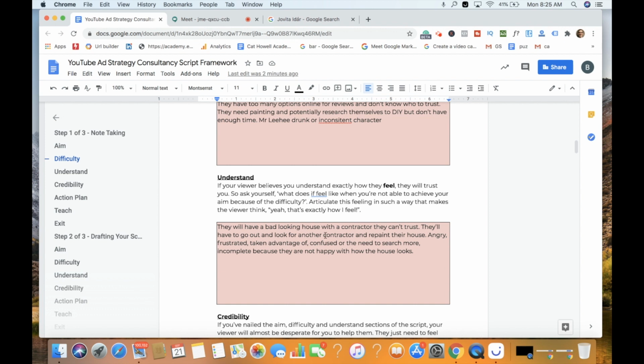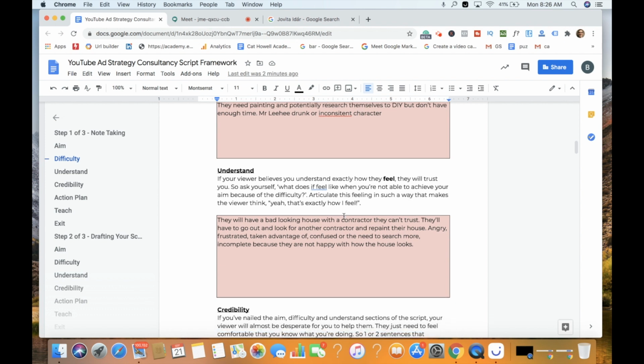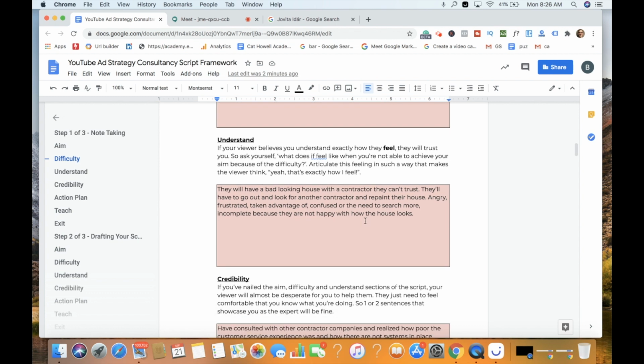So it would be a great idea for you to get a free evaluation. That's something you can do to make sure that you trust your contractor first, right? A good contractor will build trust by allowing you to have a free evaluation. And we know that you can feel angry or frustrated or taken advantage of if you can't trust your contractor.